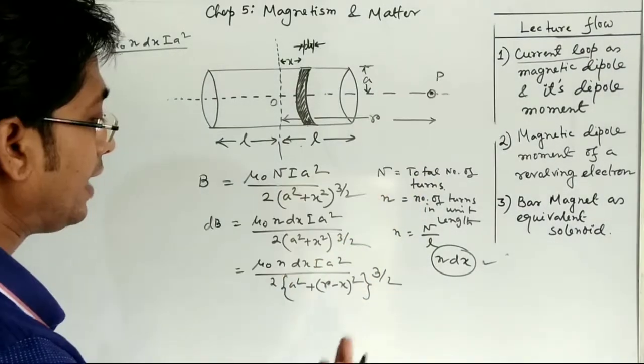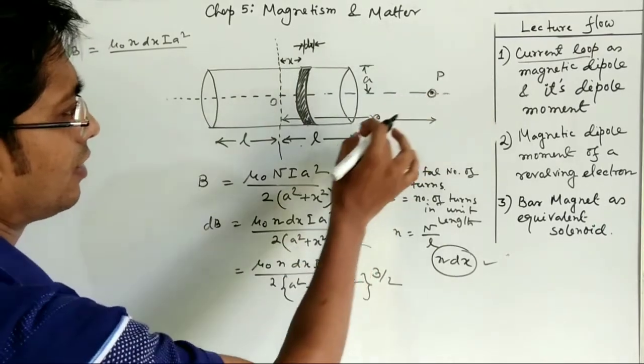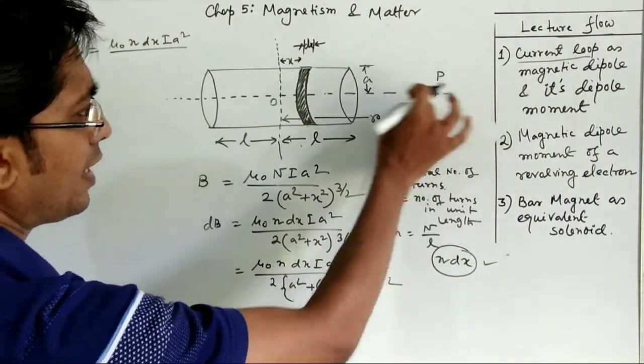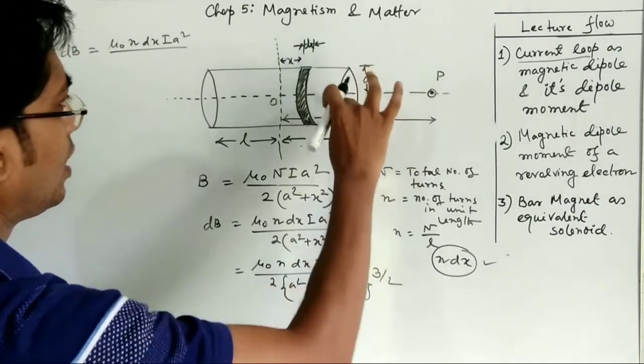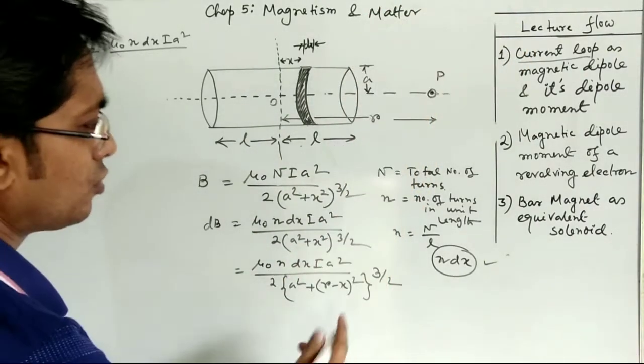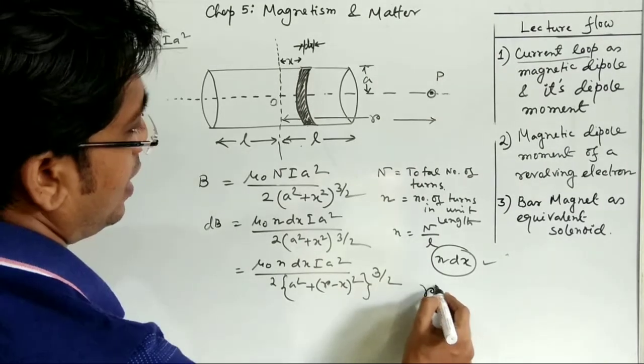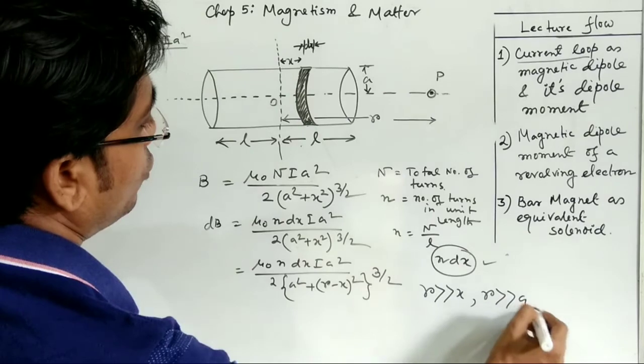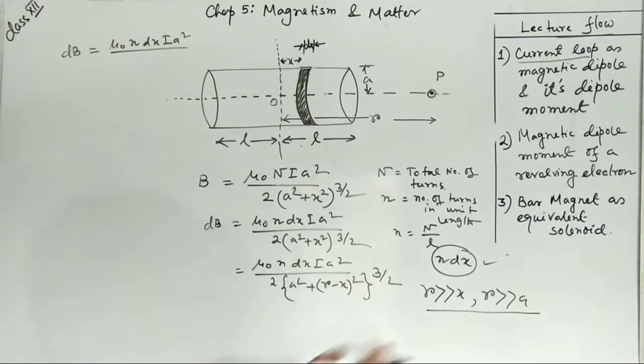Now, the point where we have to find the magnetic induction field is far away from the strip. So when it is far away from the magnetic strip, the radius of the solenoid will be very small. So we can consider r is greater than x, as well as r is greater than a.